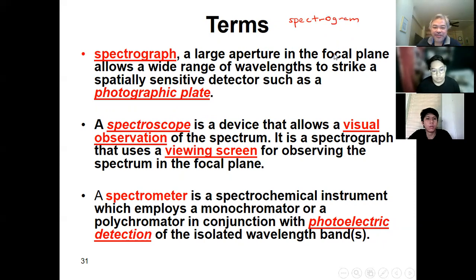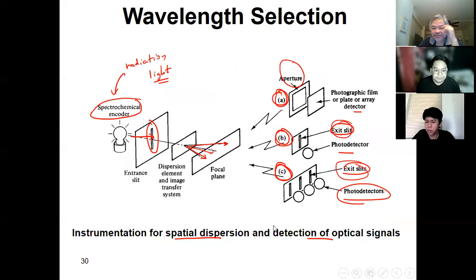So what do we mean by spectrograph? If you base it on this, we could say that it has a large aperture in the focal plane that allows a wide range of wavelengths to strike a spatially sensitive detector such as the photographic plate. So that can be the first one here.